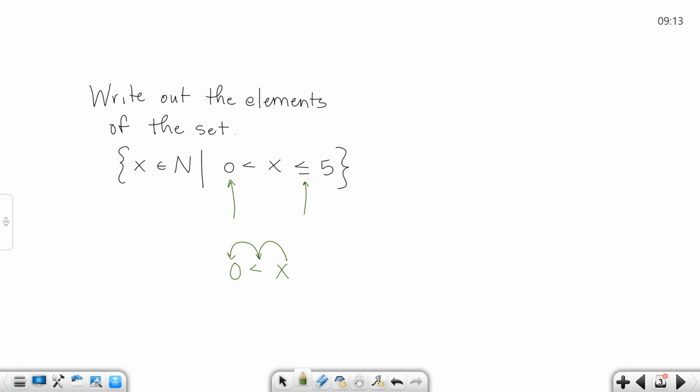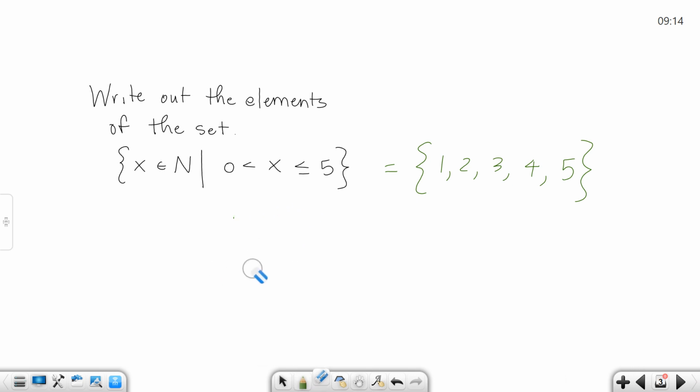So X is more than 0, but it doesn't equal 0. So that would start with 1. Now let's talk about 5. It says it's less than 5, but also equal to 5. Okay, so that's how that set would look.